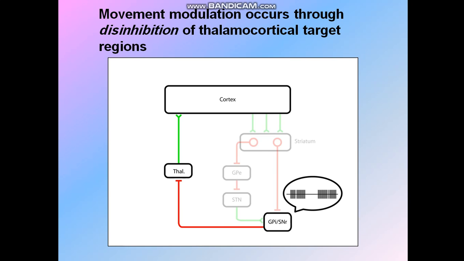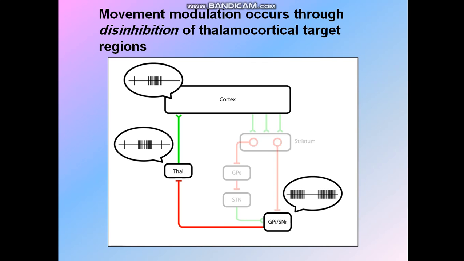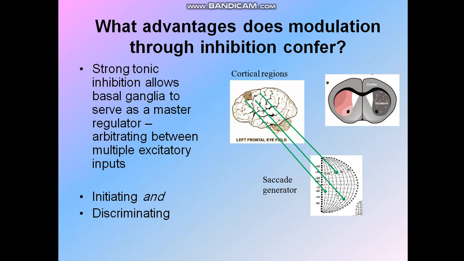While when we intend to move, there will be decreased inhibition, an inhibition of the inhibition, so it's called movement modulation through disinhibition of the thalamocortical pathway. Because we suppress the output of the basal ganglia at movement, that will lead to initiation of movement. That is what is called movement modulation through disinhibition.